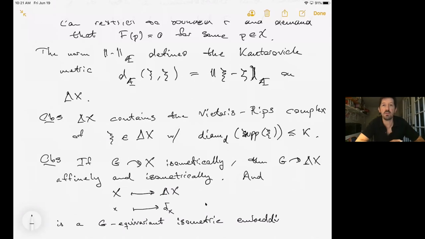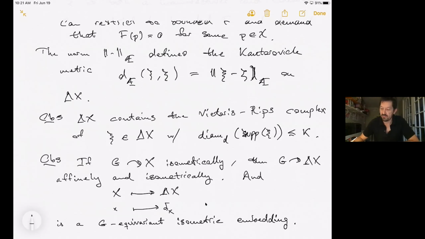Okay, so I start out from a group acting by isometries on some metric space X, and now I've made it act on this free convex hull of a metric space in an affine way.